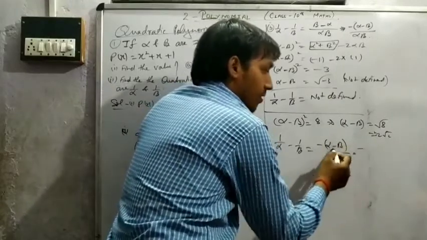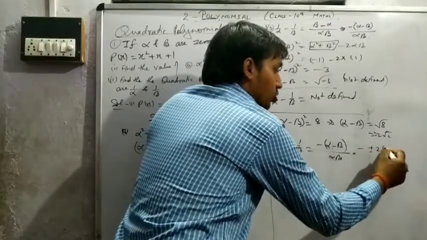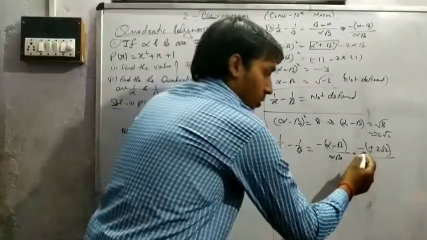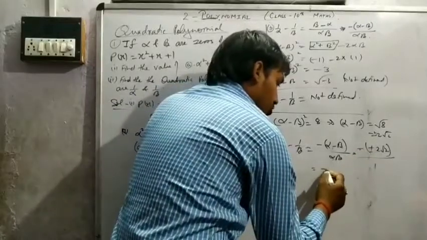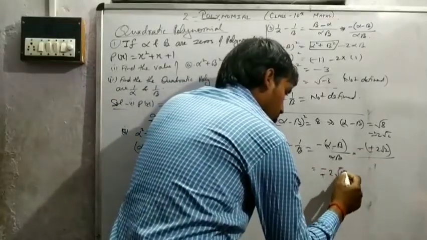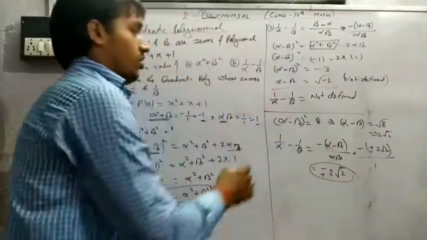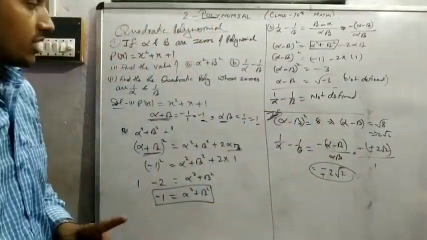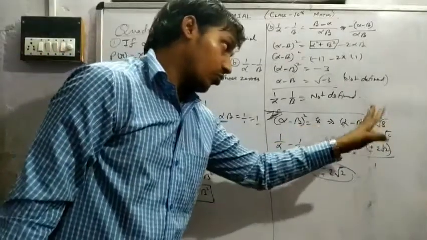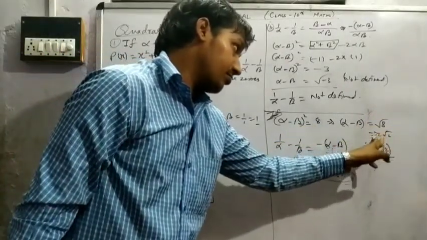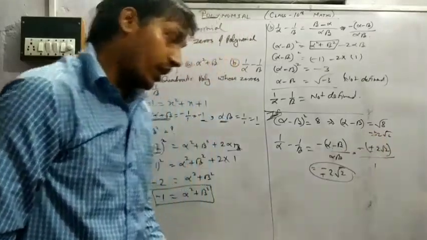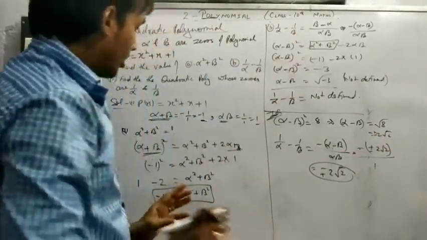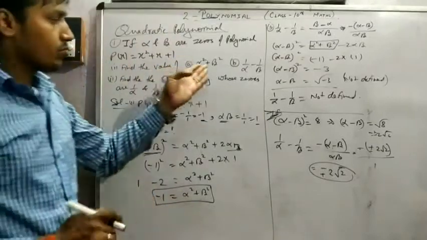So minus alpha minus beta, that is plus minus 2 root 2 upon alpha beta, that is 1. So minus, enter in bracket, minus plus 2 root 2. If it's defined, that gives the value plus minus 2 root 2. Okay, but here it is not defined. That is the answer. I hope you understand how we find them.